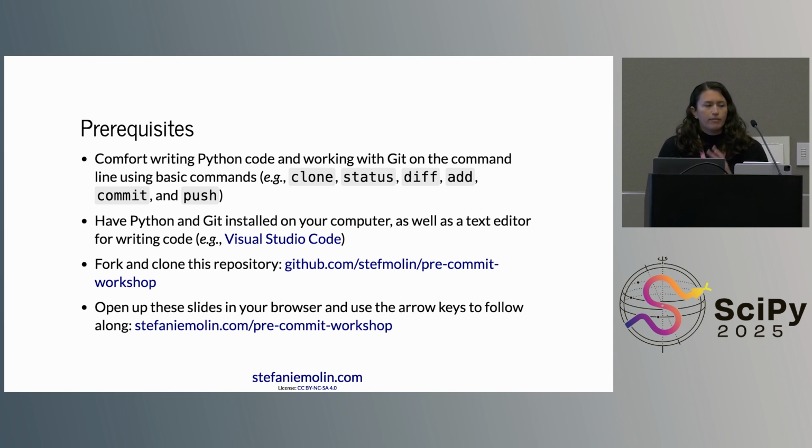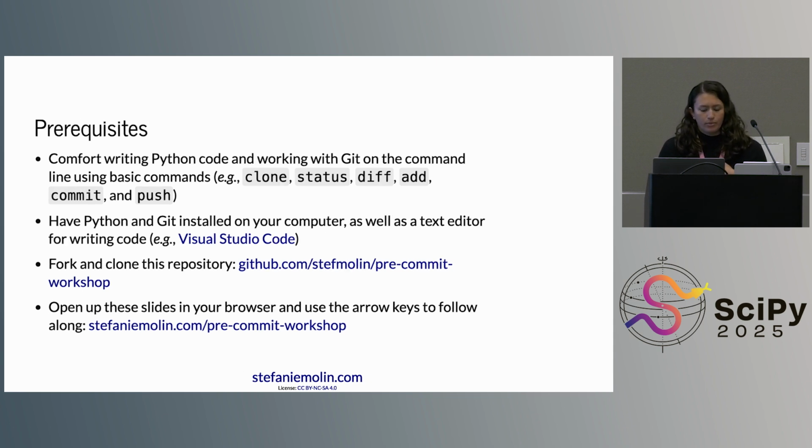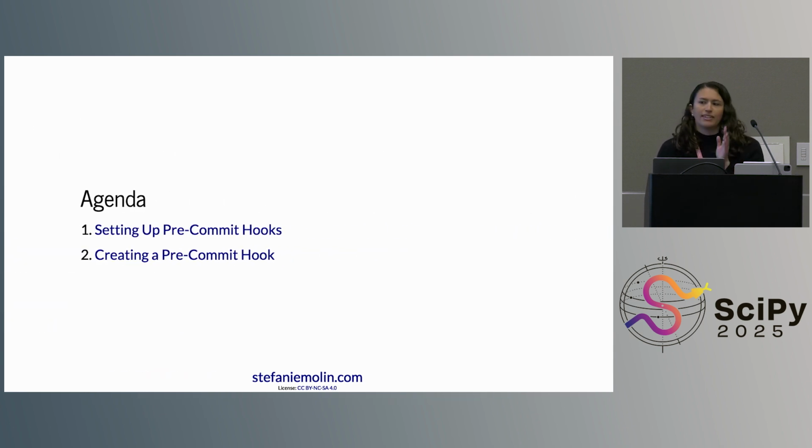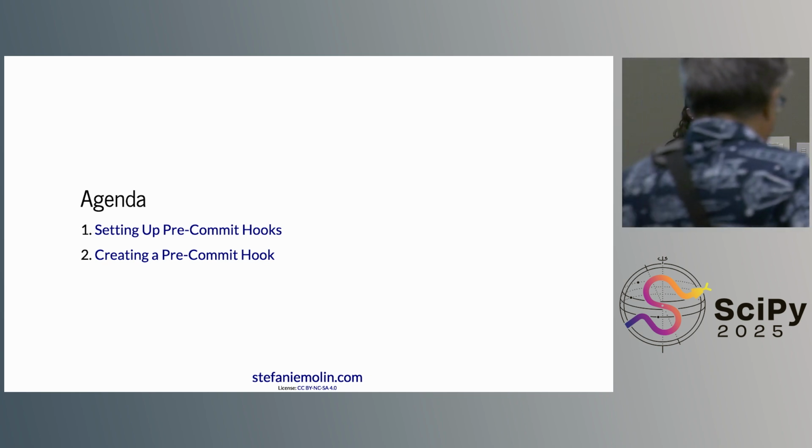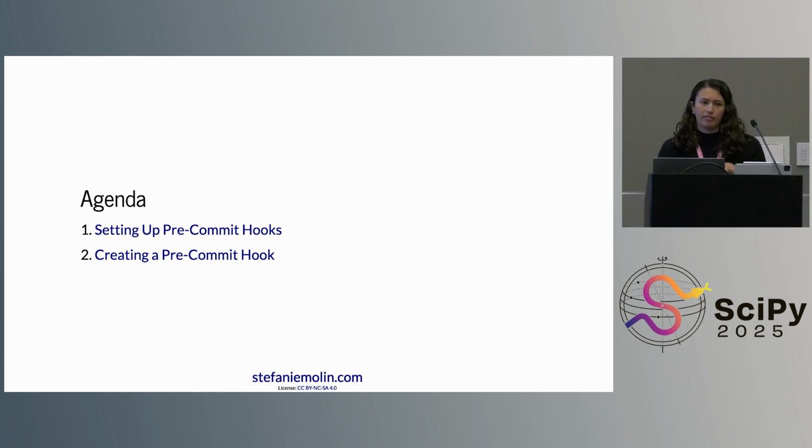Okay, so we have two parts today, and we'll see how the timing goes. It's kind of dependent on you guys and how new you are to the tool. So the first half is going to be how we set up pre-commit hooks on a project, so taking advantage of existing hooks that people have made and then applying them to our project.